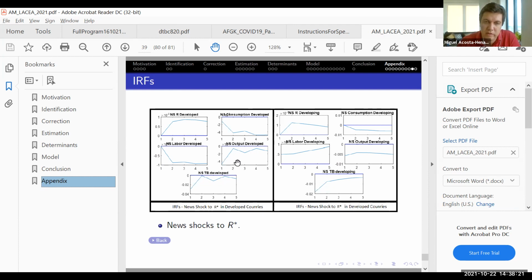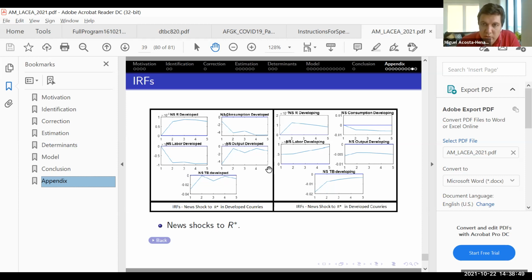We haven't computed the confidence interval, but it's a negative response, as you might expect. It's sharper in developed countries, but it recovers quicker, whereas in developing countries, it's more persistent, and it kind of explains that. That's the most we can do. But I agree with you that the model should match these impulse responses. So that's what we are working on right now.